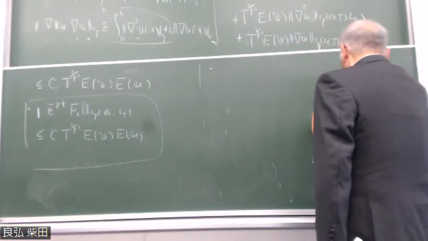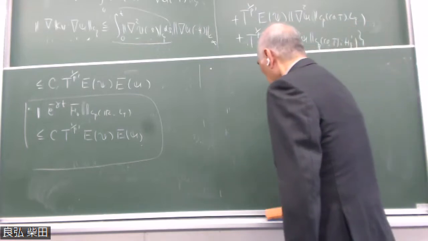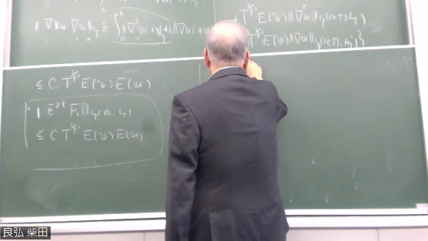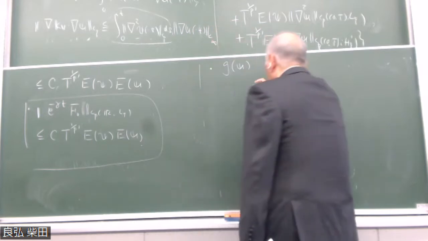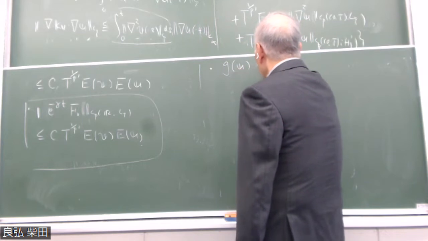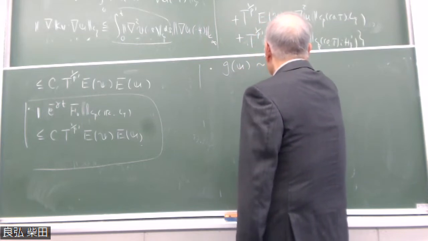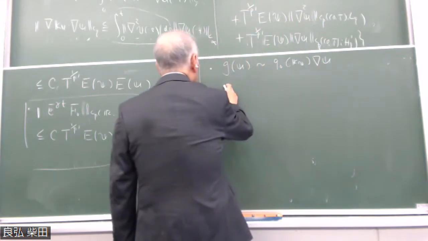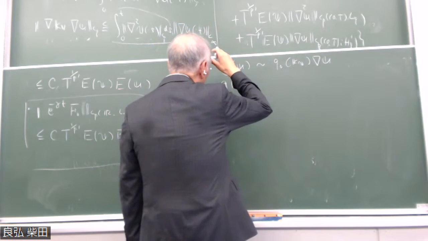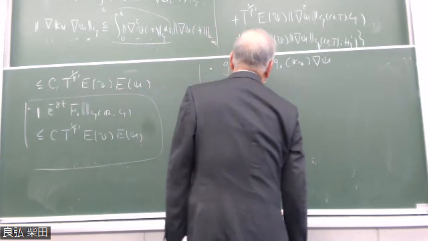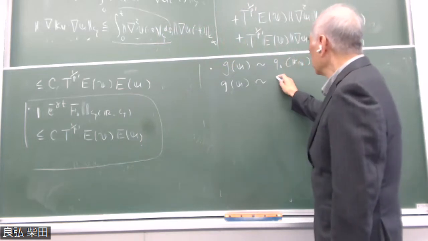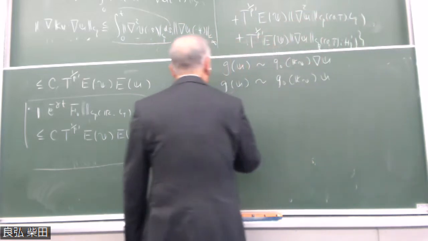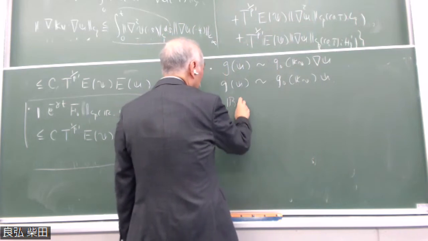Now I will consider the denoted estimate for G of U. But now, for the same reason, instead of G of U, I consider the K G0, KB, and W. And also, instead of G of U, for the same reason, I will consider G0, KB, U, and boundary data, PU.